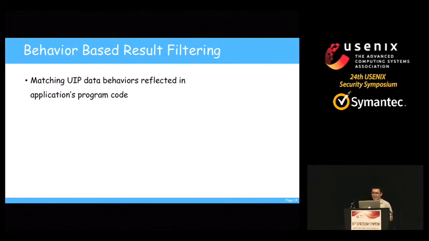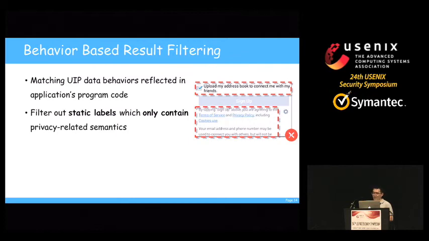In the last step, we use static analysis to match UIP data behaviors reflected in the application's program code. On one side, this step helps us filter out many static labels which only contain privacy-related keywords, while without any user inputs.